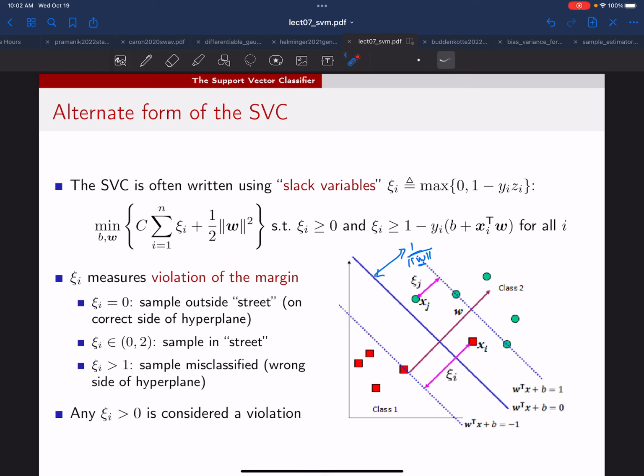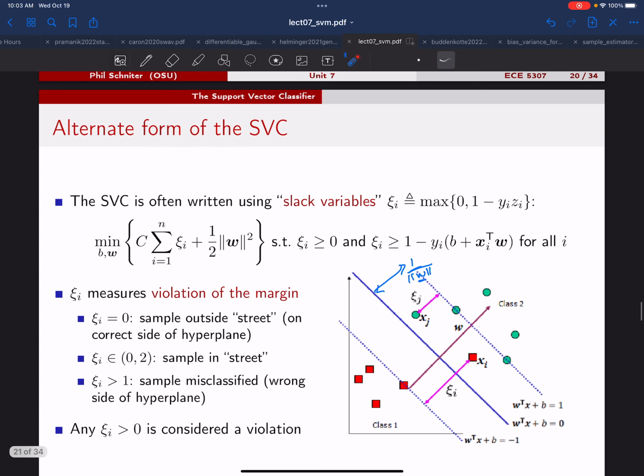Okay, the next thing to talk about is an alternate way that the support vector classifier is sometimes written. If you go to some textbooks, and I think maybe the Wikipedia page might be written like this, it might look a little bit unfamiliar at first, so let me try to explain it.